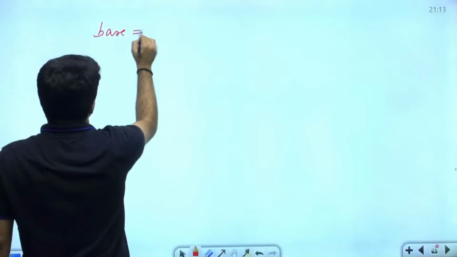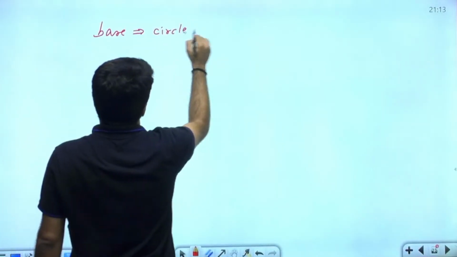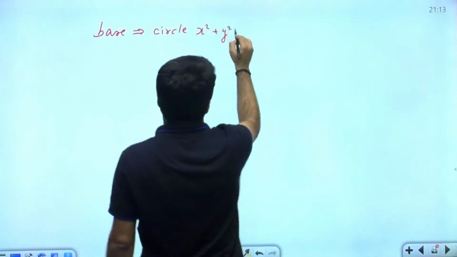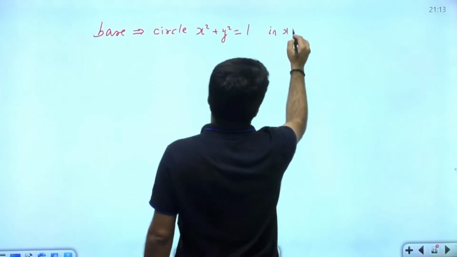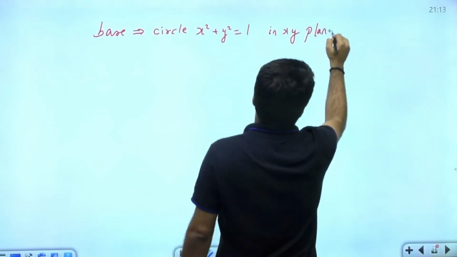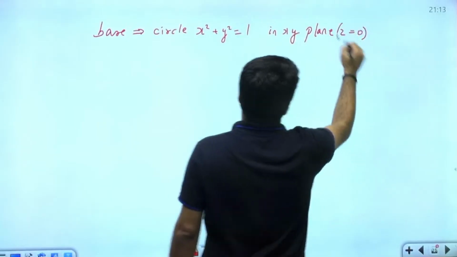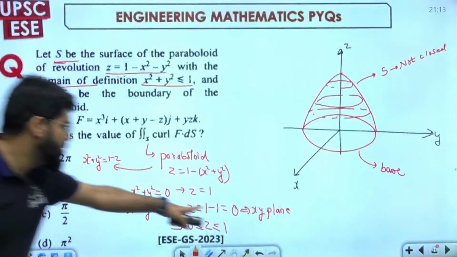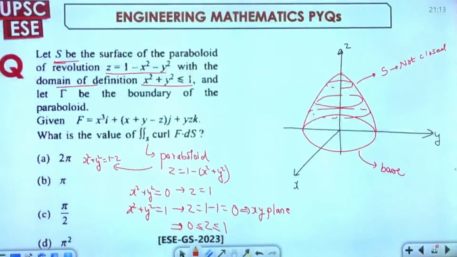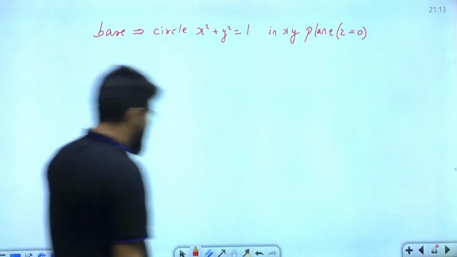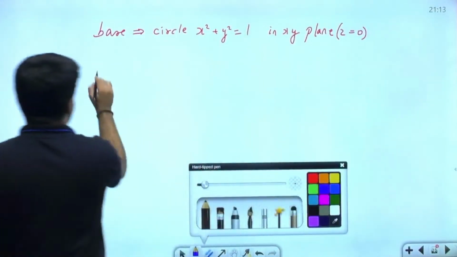Let me define the base. We have discussed that the base is the circle x square plus y square equal to 1, in the xy plane, that is z equal to 0.